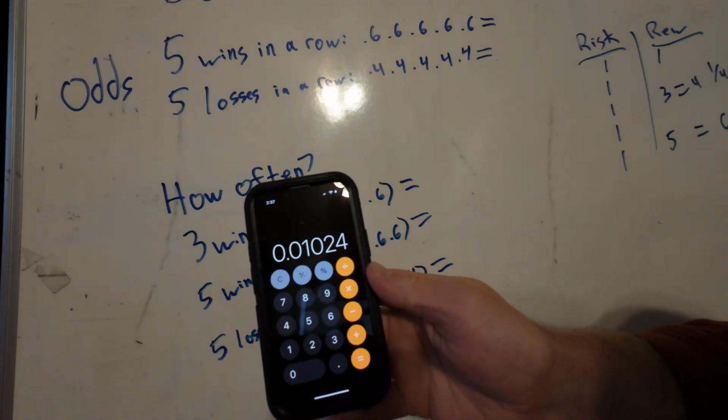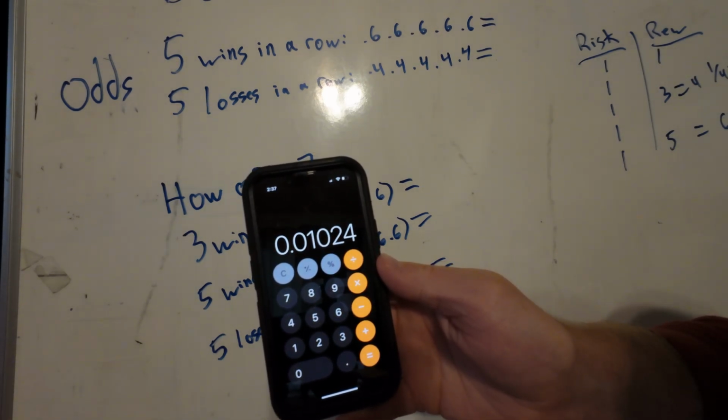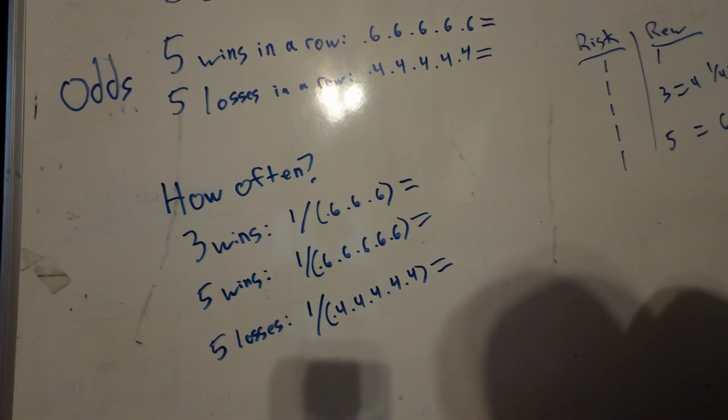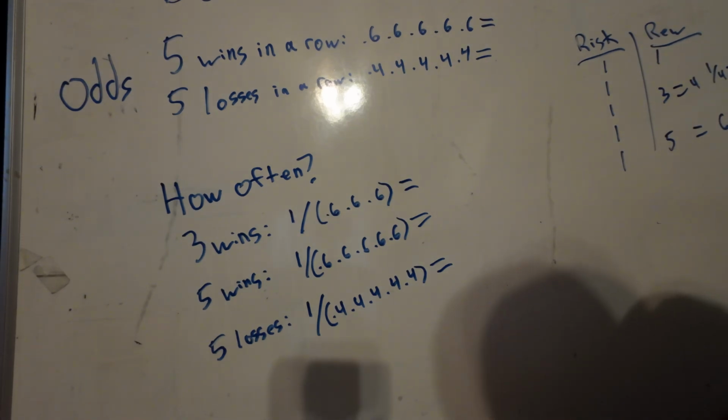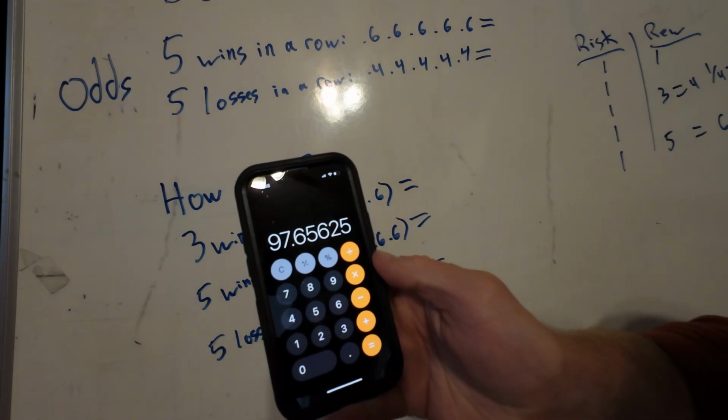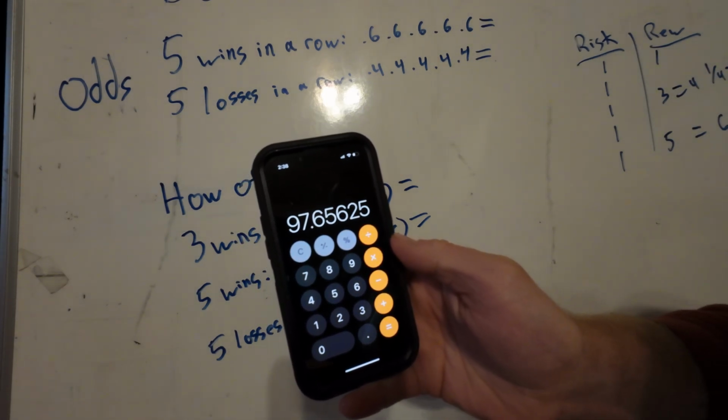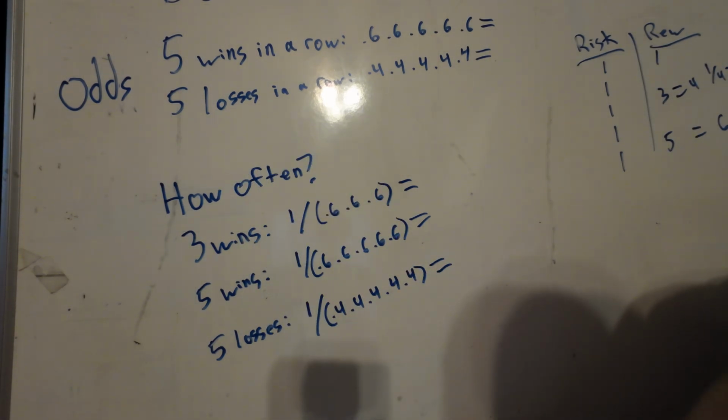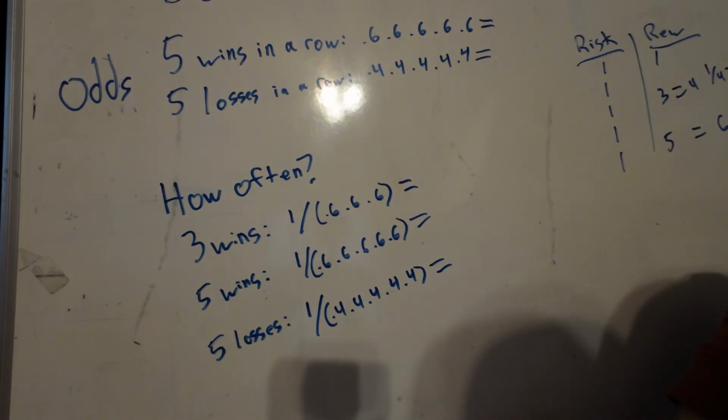That's 0.01024. So 1 divided by that is equal to 97 trades. So 5 losses in a row can happen once every 97 trades generally.